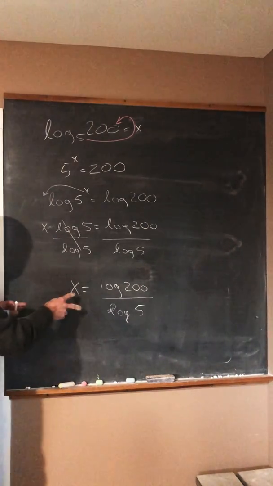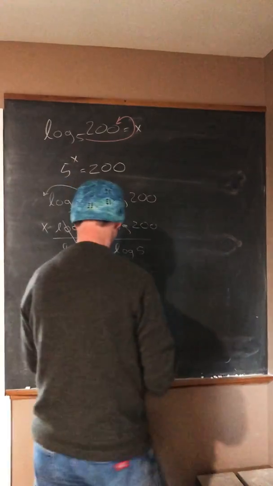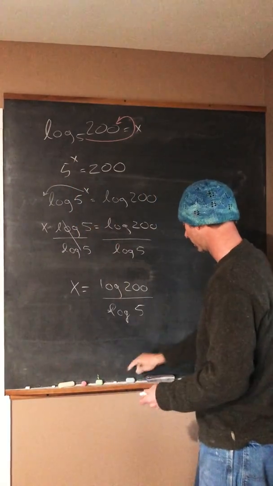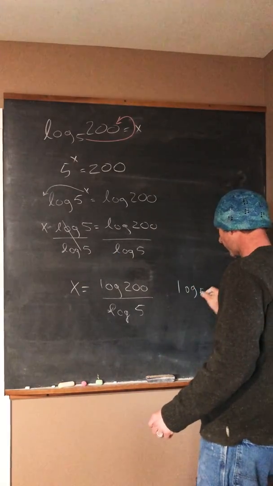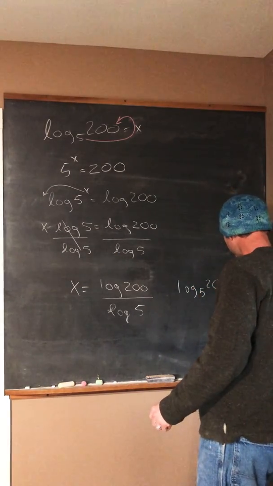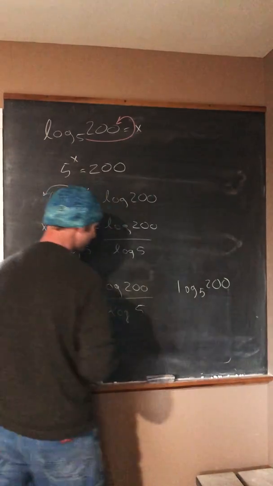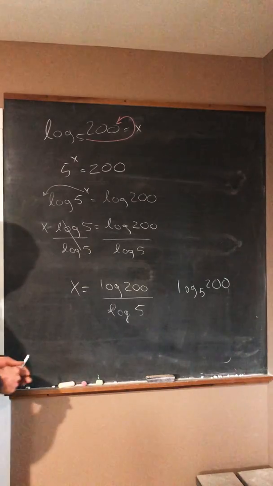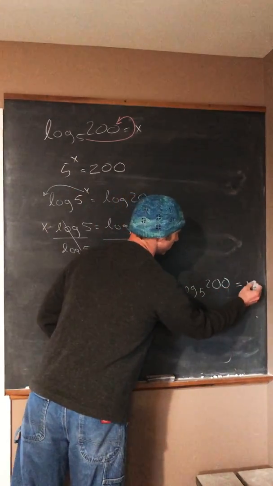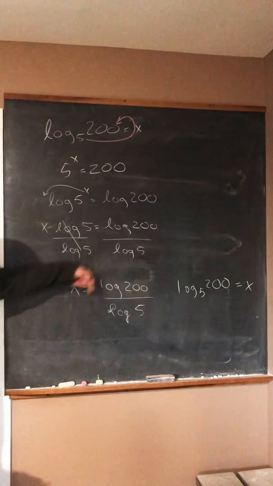I want you to look at this. Here's what we started with. We started with log base 5 of 200. Compare these for a minute. And I said this equals x. How do these two compare?